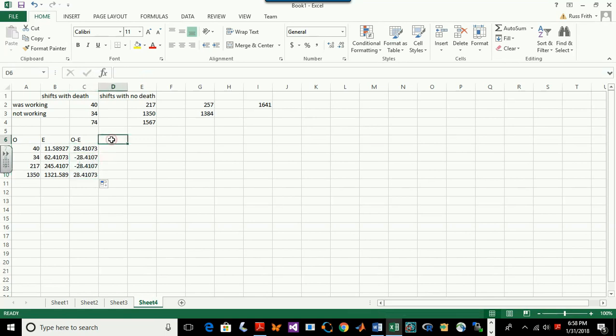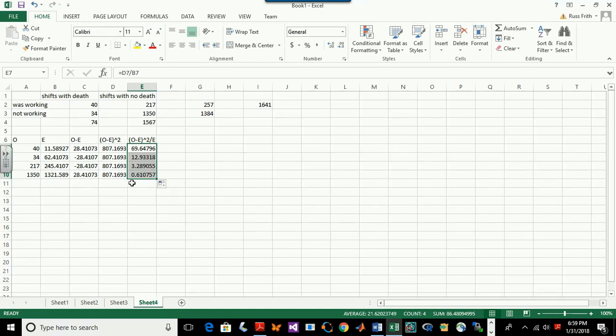Then O minus E squared: that would equal that squared. And then O minus E squared over E: this would equal that divided by that. Okay, so we have those numbers.